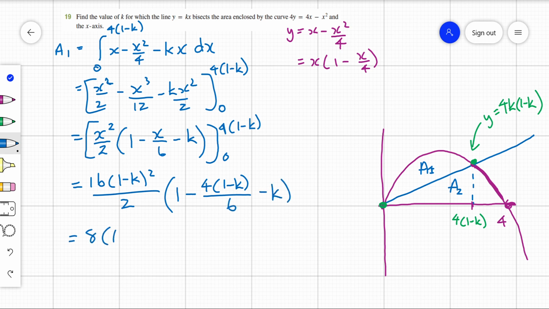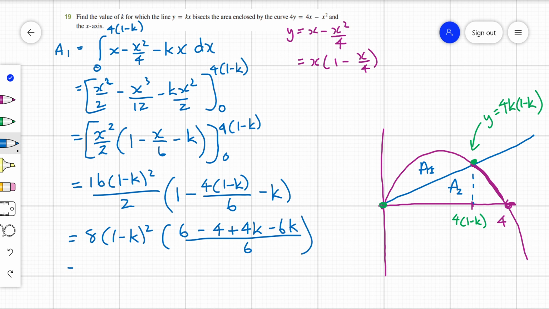Alright, so we've got 8 times 1 minus k squared, and here we've got something interesting. 1 minus k, I'm going to put the 1 minus k there, and if I want 6 I could actually, let's just do that, so 6 minus, let's put everything on 6 in here, everything on 6, so this would be 6 on 6 minus, and this is already on 6, so 4 plus 4k minus 6k, all on 6.